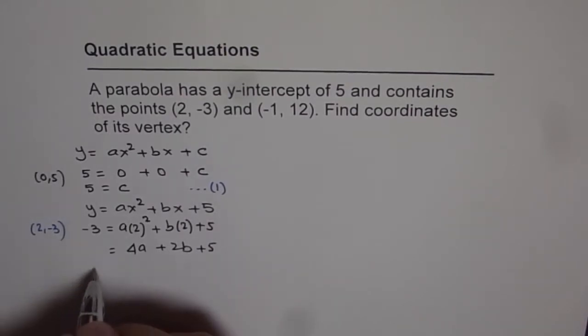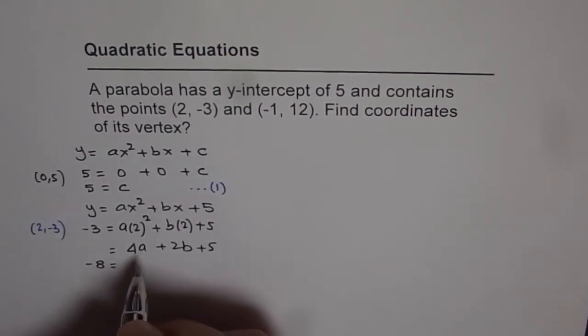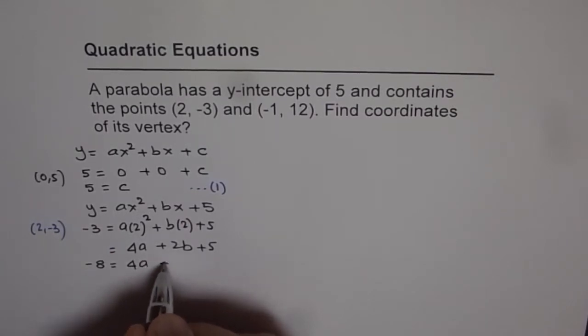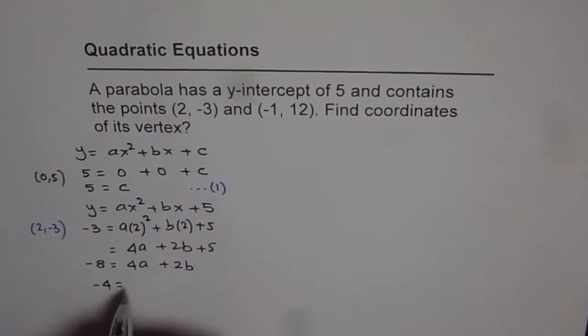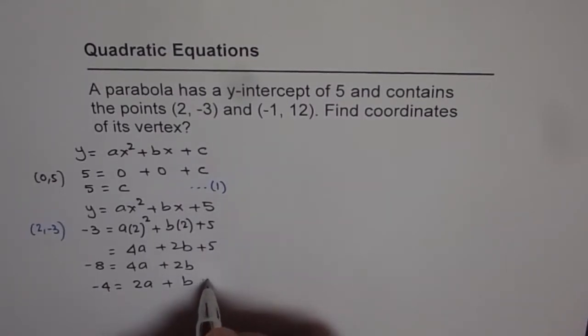Taking 5 to this side, we get -8 = 4a + 2b. Dividing by 2, we get -4 = 2a + b, a simpler form. Let's call this equation 2.